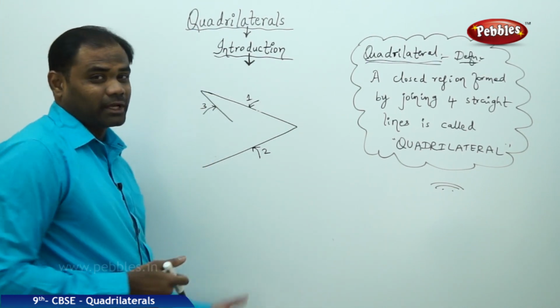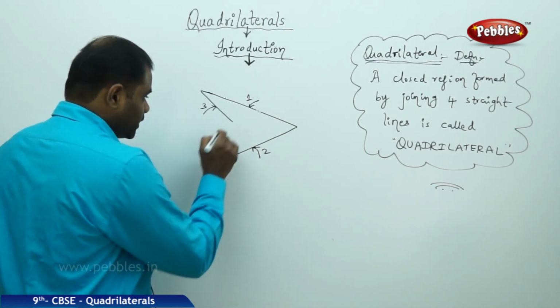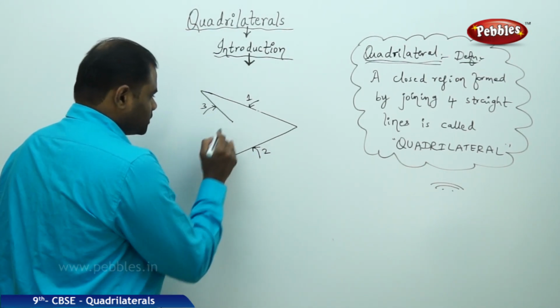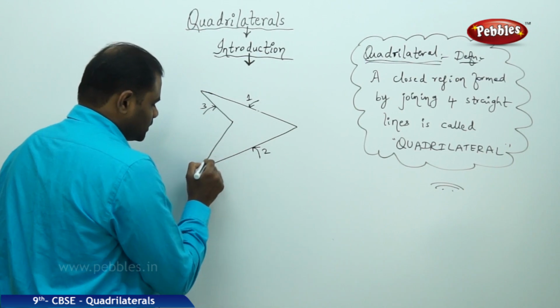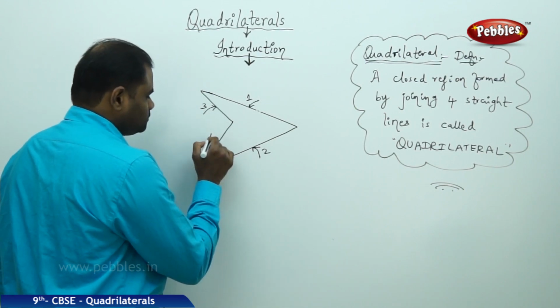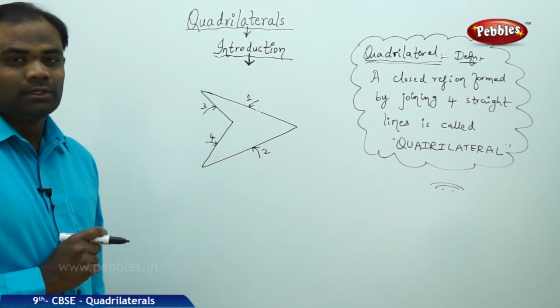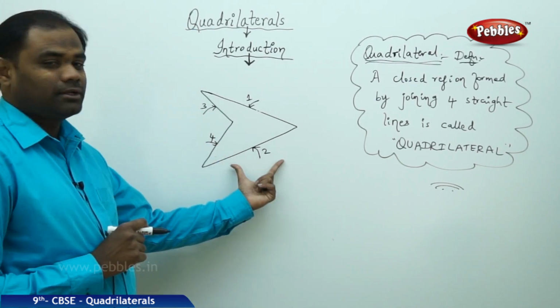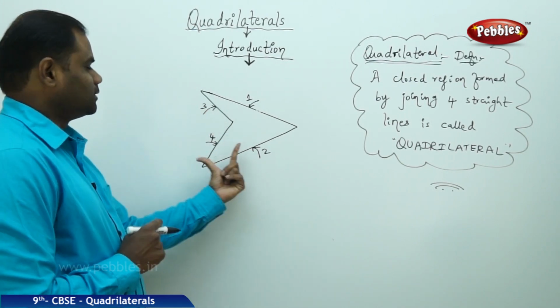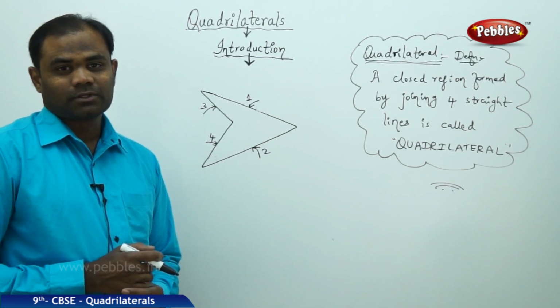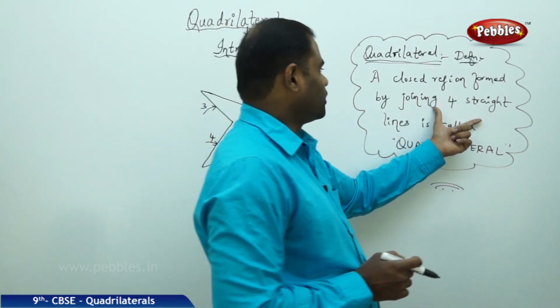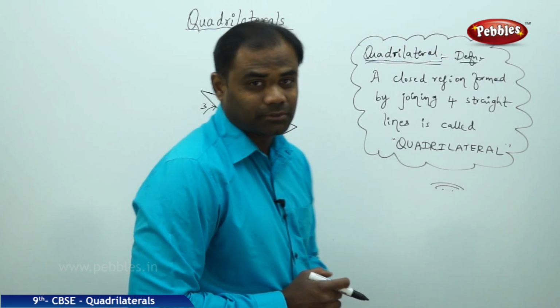Then I have the fourth and last line, arranged from this point to this point, line 4. So line 1 here, line 2 here, line 3 here and line 4 here. The four straight lines are joined to form a closed region.